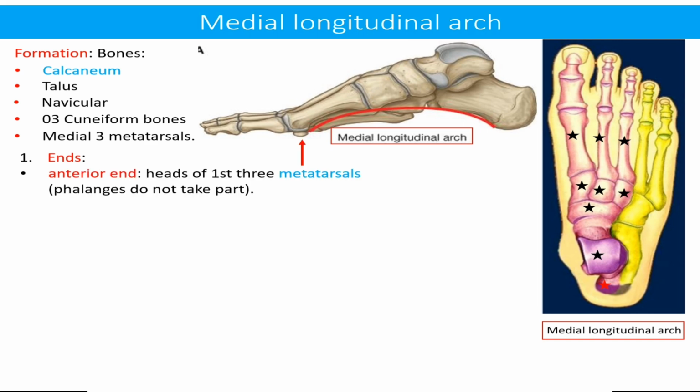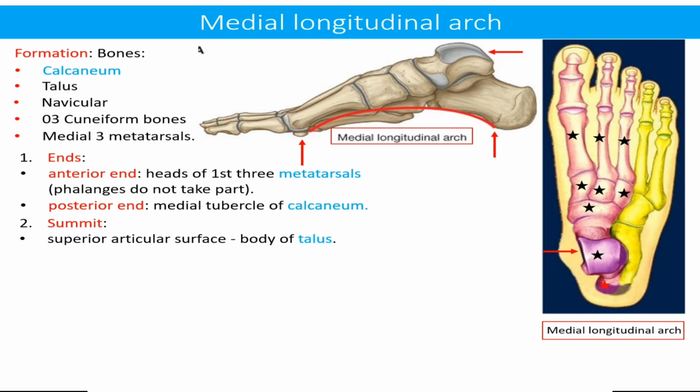As regards the ends of the medial longitudinal arch, anterior end is formed by heads of the first 3 metatarsals. Phalanges do not take part in the formation of the medial longitudinal arch as they do not bear the weight. Posterior end of this arch is formed by medial tubercle of calcaneum.